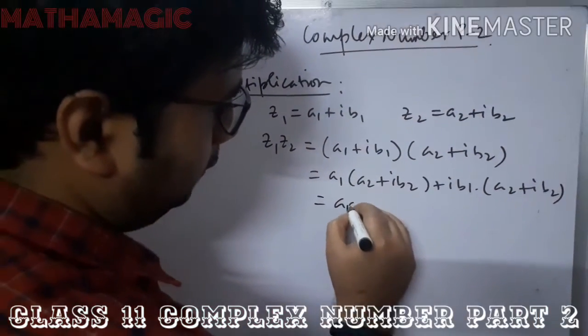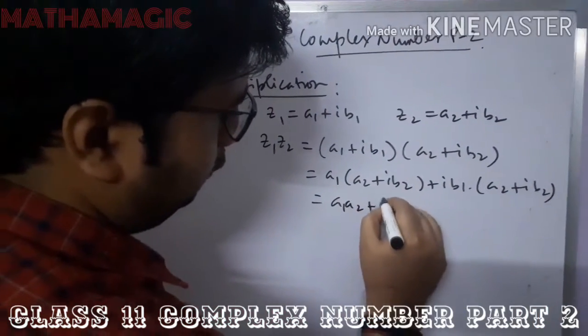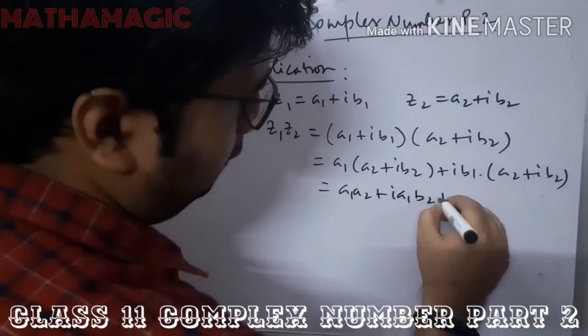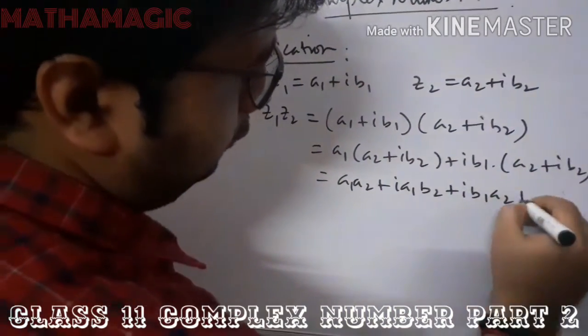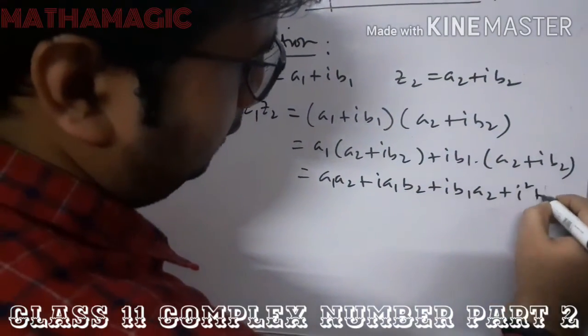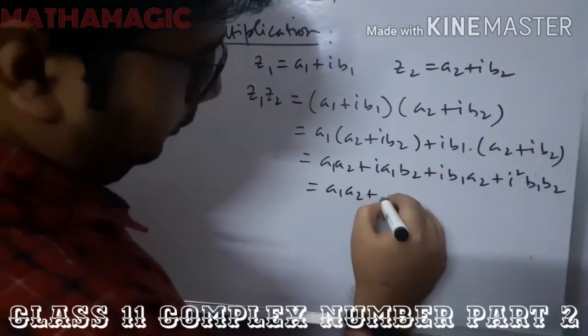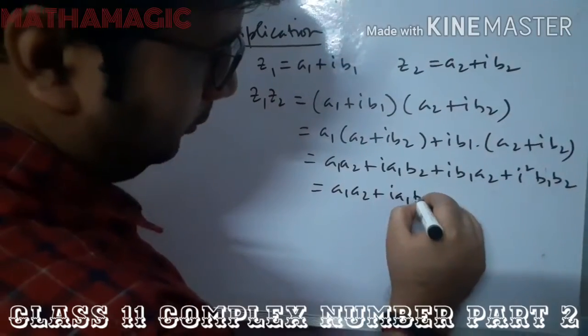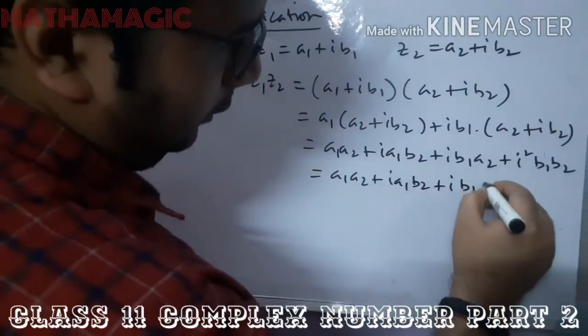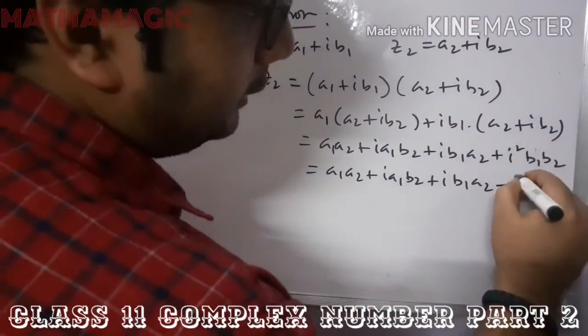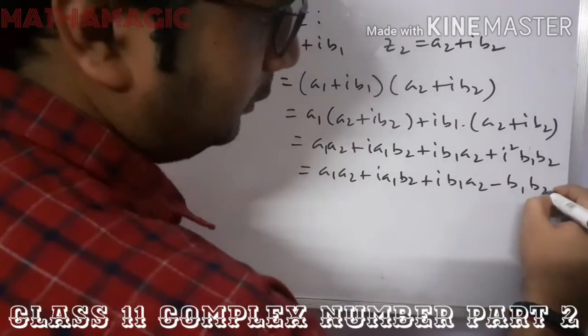So if we do the multiplication, a1 a2 plus i a1 b2 plus i b1 a2 plus i square b1 b2. i square means minus 1, so it will become minus b1 b2.